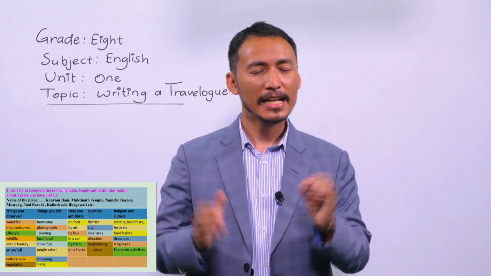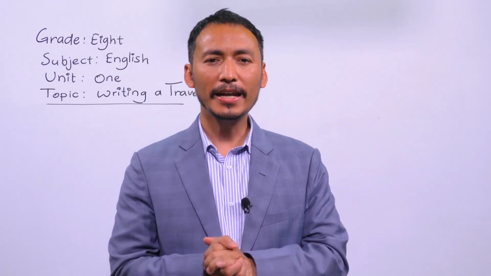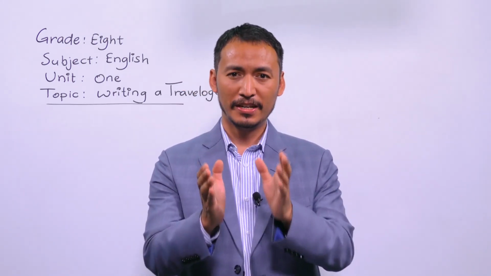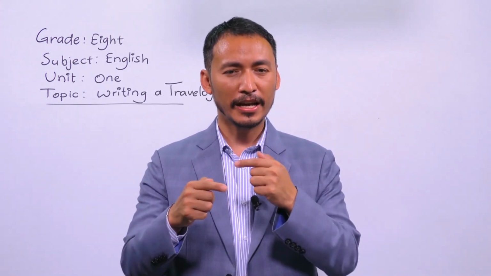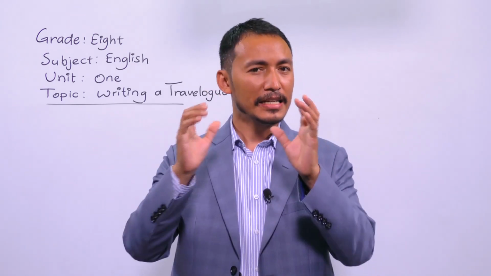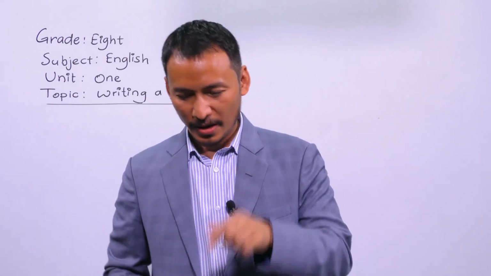All right, students. Let's then move to the next idea: what you can do with the information you have collected here. The next question, can you remember, is to write a travelogue, and you are going to write it with the information collected here.